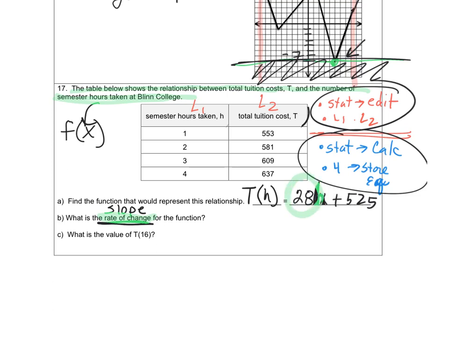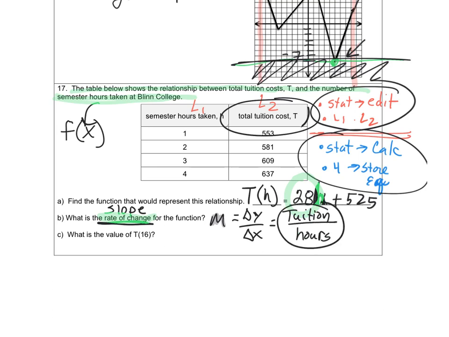We know that the slope is 28. So the slope is the change in y over the change in x. In this case, it's tuition over hours. And that's what I use to put it in words. So I know my slope is $28 per hour.